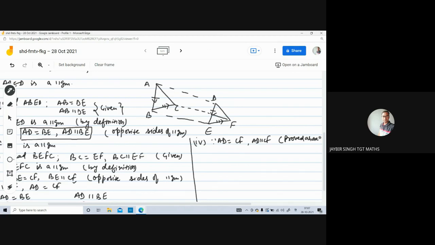If we have this, then it implies that ACFD is a parallelogram. This is by definition. Now fifth part. See here, if ACFD is a parallelogram, it means AC is equal to DF and AC parallel to DF. This is by definition.